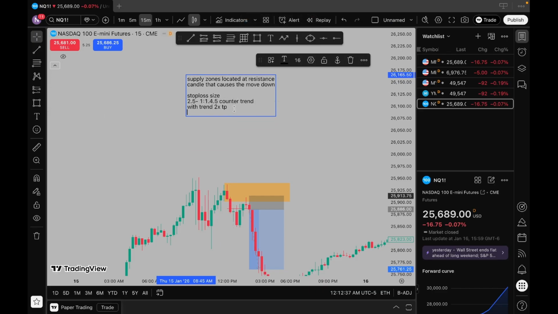So if your stop loss is 2.6 to 5 ticks, your take profit is going to be a 1 to 3 for counter trend. With trend, it's going to be a 1 to 6.